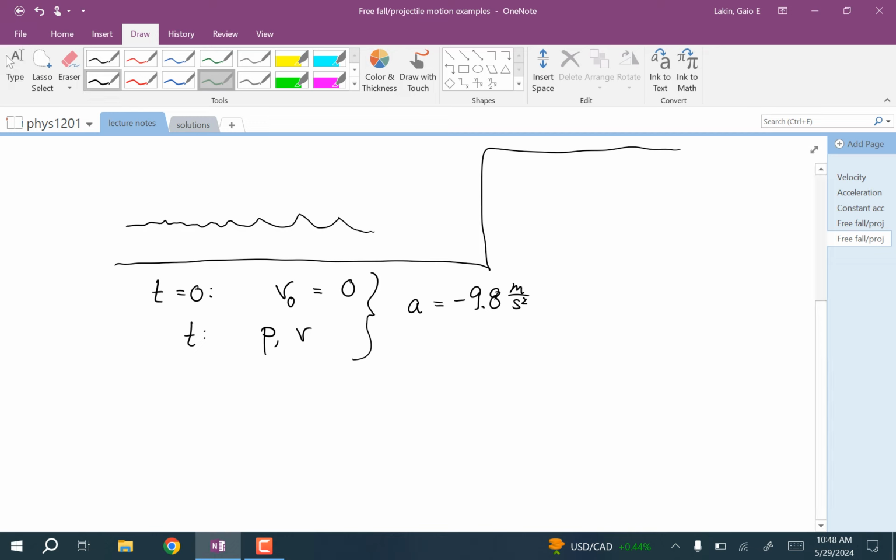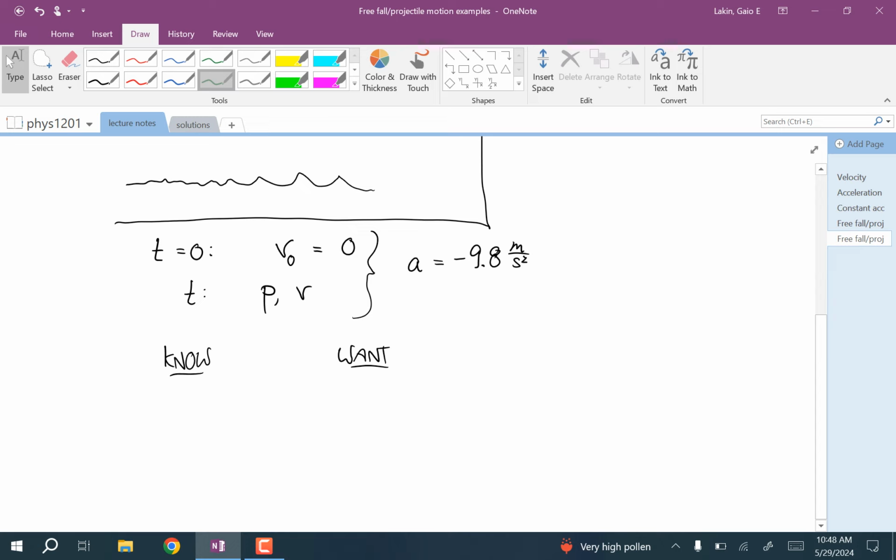Okay, so what do we know? What are we trying to find? I didn't write this, but we actually know what this t is, right? We know that this is 1.2 seconds.